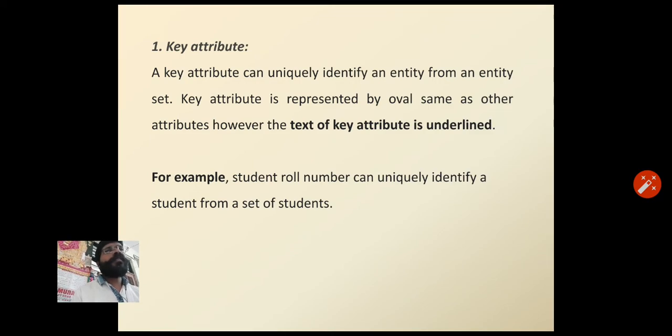For example, suppose we have a student entity, and the student entity has a number of attributes such as roll number, student name, student subject. The student roll number uniquely identifies the other attributes, student name and student subject. So, roll number is a key attribute.